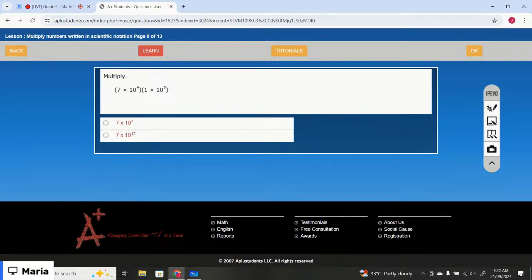The correct option is 7 times 10 exponent 7. Option number 1 is the correct option.